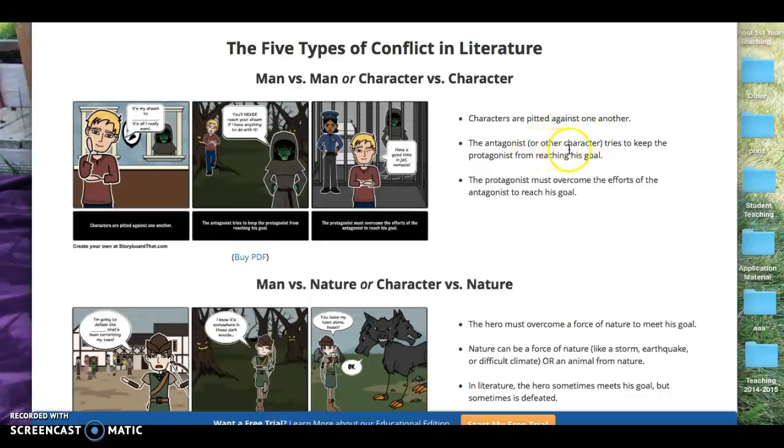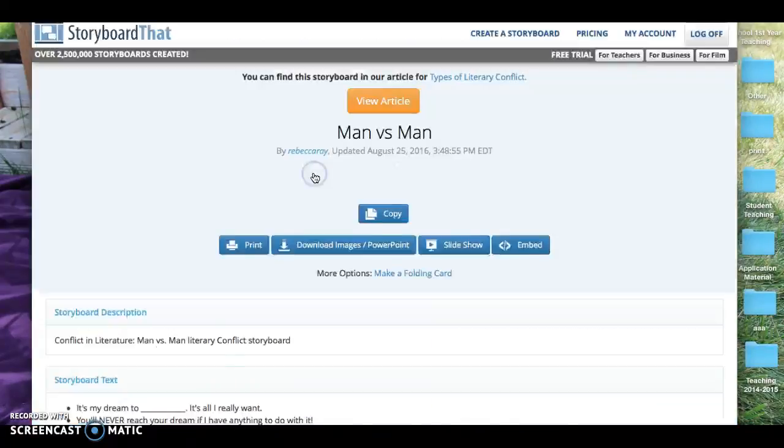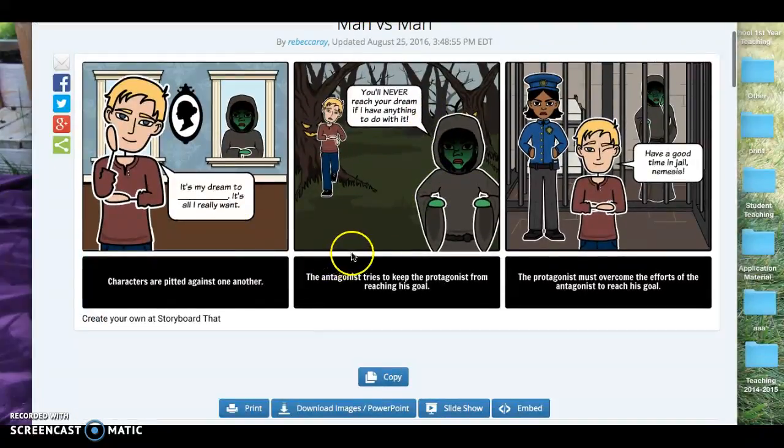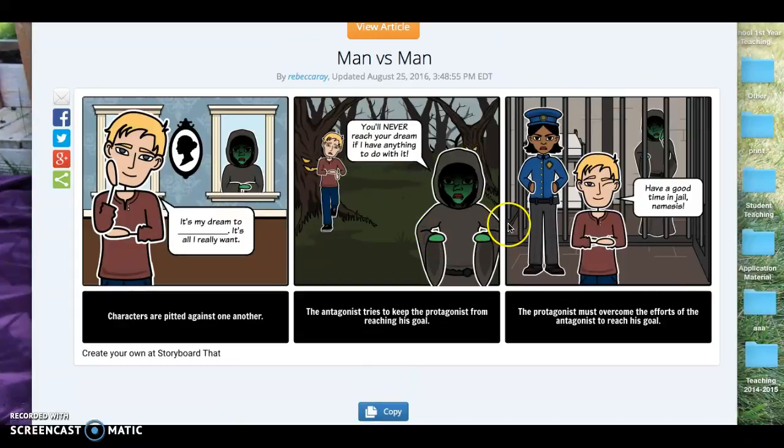The antagonist or other character tries to keep the protagonist from reaching his goal. The protagonist must overcome the efforts of the antagonist to reach his goal. If you click on this picture, it'll blow it up so that you can see how this might apply to a short story. Man versus man. We will go back.